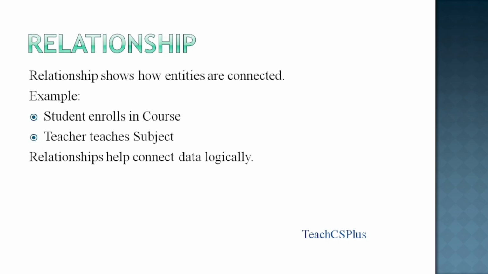Relationships help connect data logically. In my previous video, I already told that when we store data in a database, we use it to store and manage data efficiently, and data becomes logically connected. So the logical connection comes from this relationship.